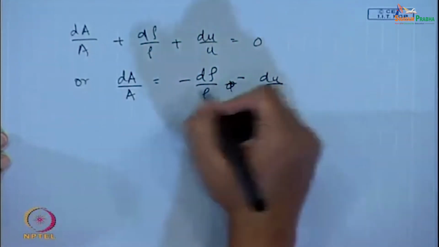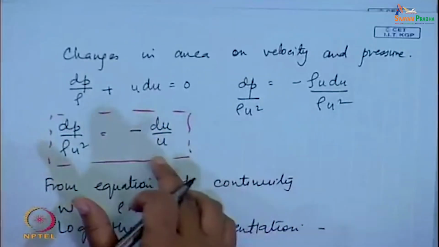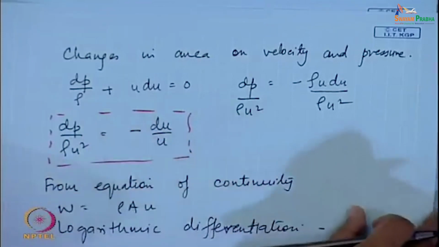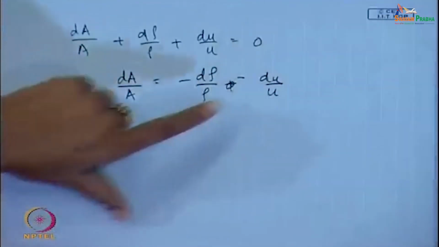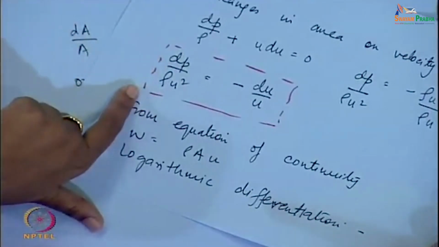Okay. Now, from here we had obtained an expression for du by u or minus du by u. So, we can substitute this du by u with dp by rho u square, isn't it.